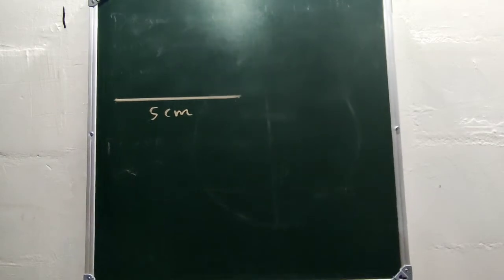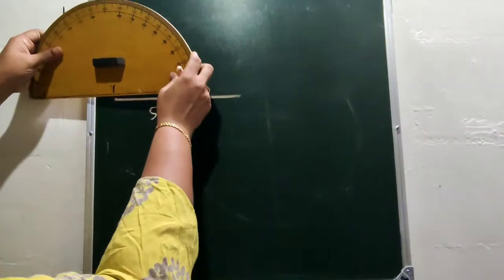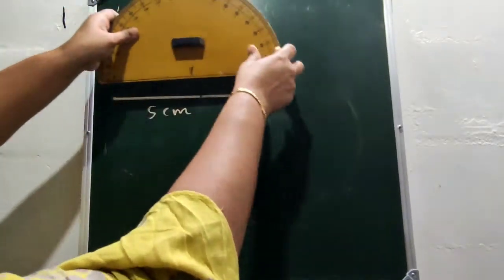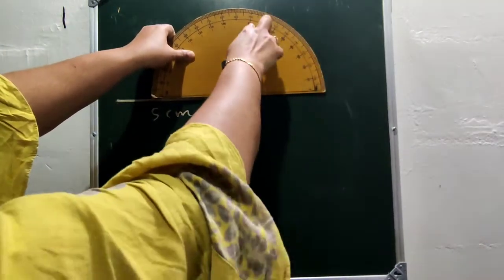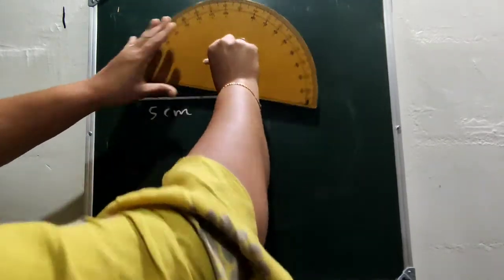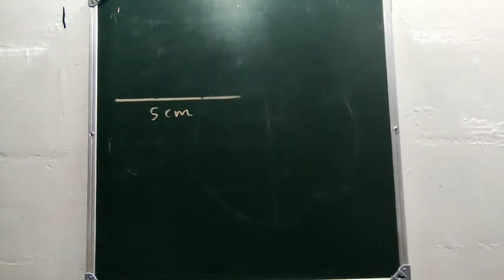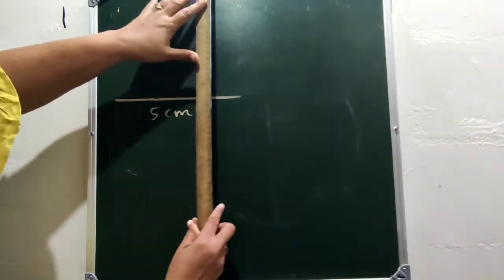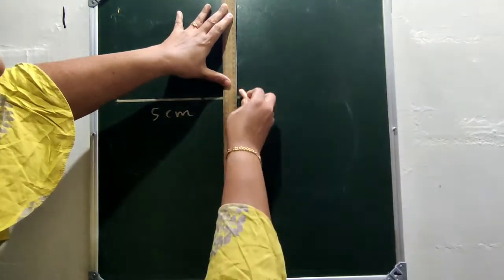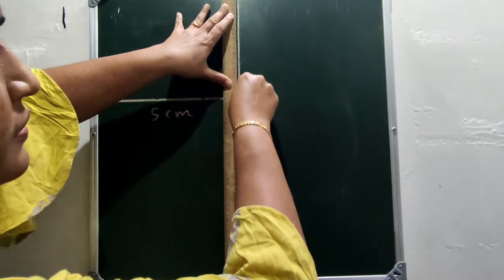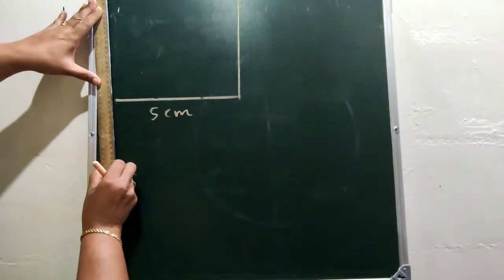Now we need to construct our rectangle. For that, draw 90-degree angles on both sides of this 5 cm line. Then just extend these two lines, that is, draw two 90-degree lines like this.